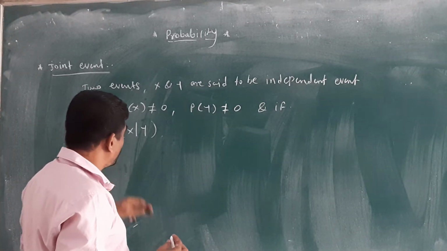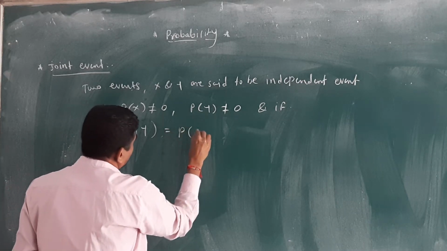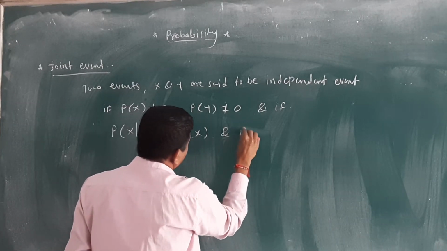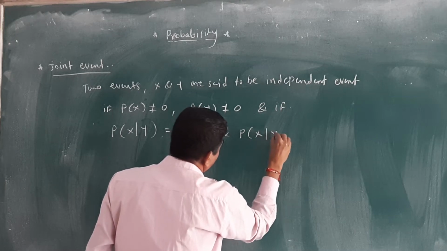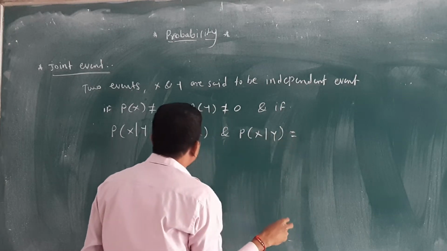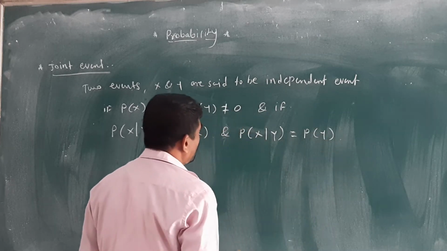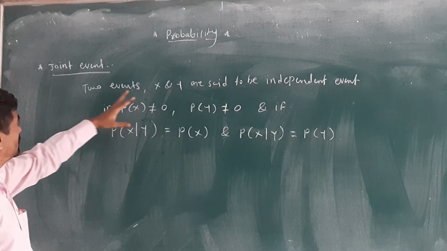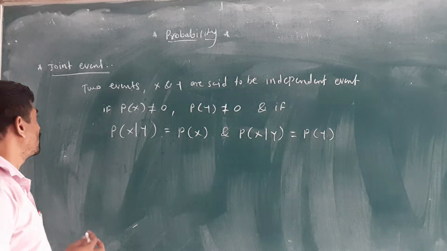We will calculate the probability of X, then we can say the probability of X. Okay, and the second thing is the probability of Y given that X has already occurred, then you will get the probability of Y. Here we have considered the two events X and Y are said to be independent events.